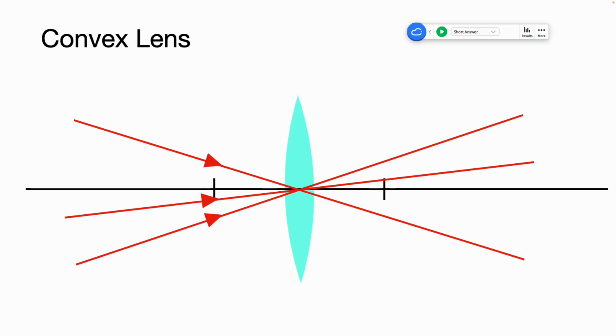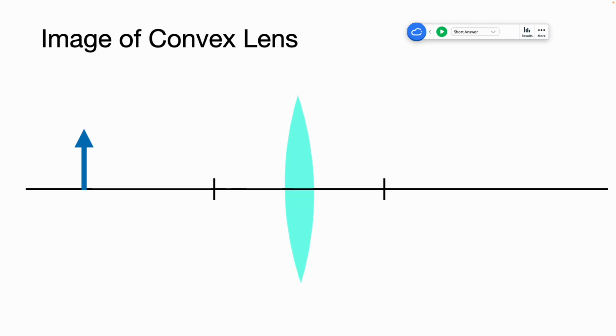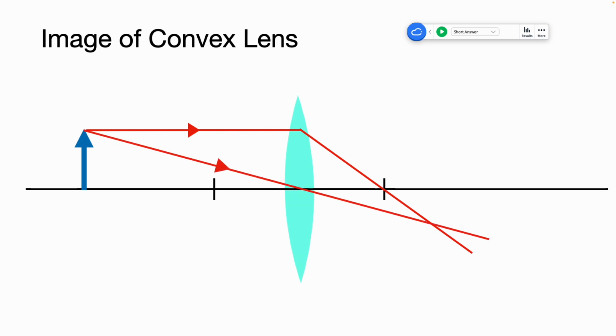So how do we use this property to figure out the location of the image formed by a convex lens? First line, parallel, because we know if it is parallel, it will pass through the focal point. So that's one line down. The second line we can choose is the line that passes through the center of the lens, because we know if it passes through the center, it doesn't get deflected.